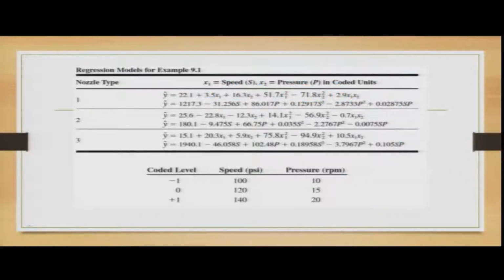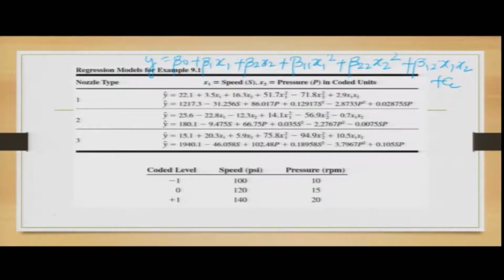Now, when I consider the higher model, it will be y is equal to beta naught plus beta 1 x 1 plus beta 2 x 2 plus beta 1 1 x 1 square plus beta 2 2 x 2 square plus beta 1 2 x 1 x 2 plus epsilon.